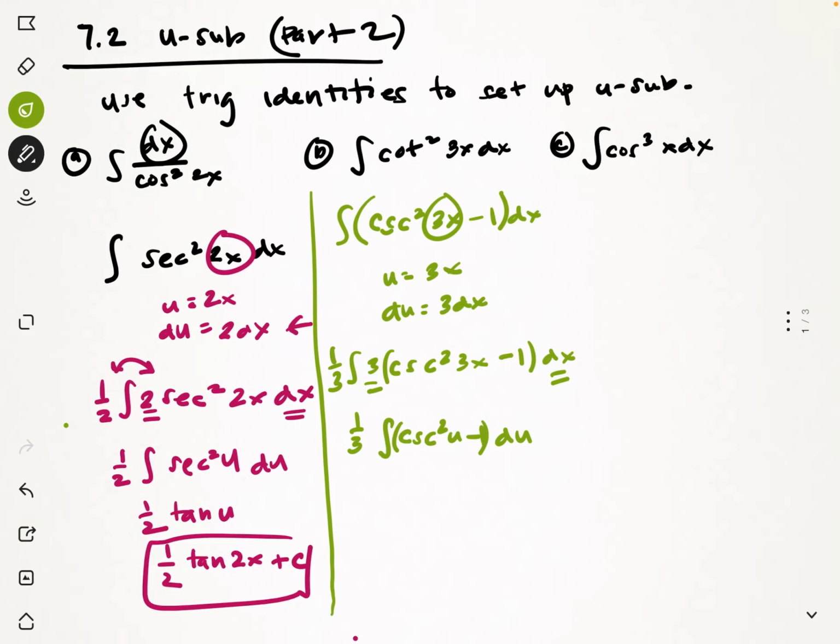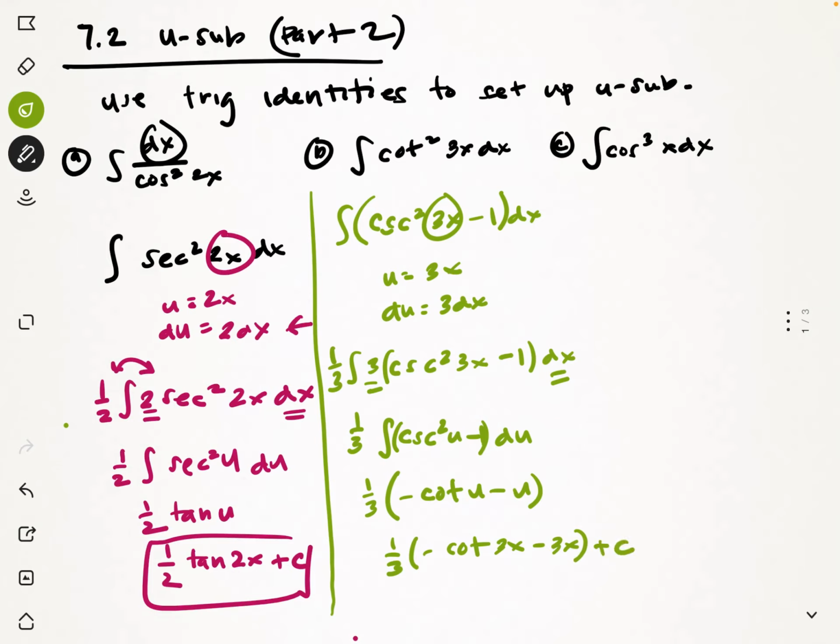The cosecant squared antiderivative is negative, so we'll put the 1/3 here. Negative cotangent u minus, remember the 1 when we do the antiderivative, that becomes a u. And then at this point we can substitute back in our u, so that would be 3x. So negative cotangent 3x minus 3x plus c.